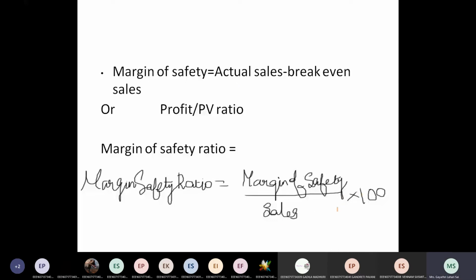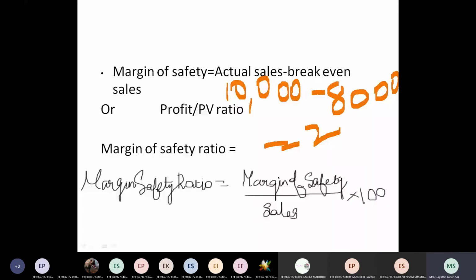Let's say I'm manufacturing a product and the actual sales was 10,000 rupees. But when I did the break even analysis, I got the break even sales at 8,000. So my margin of safety will be 2,000 in sales.